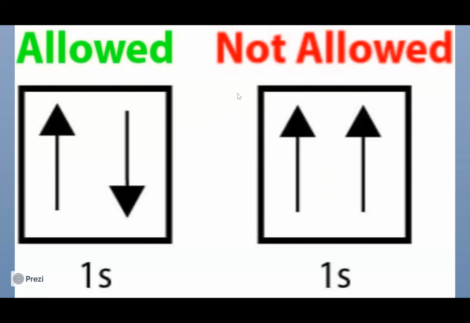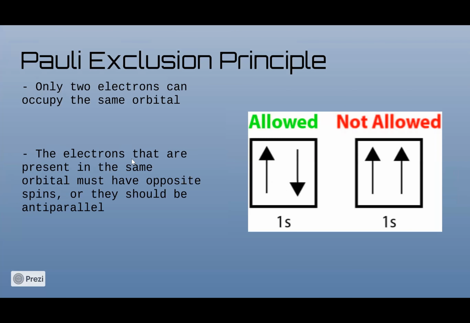On the left-hand side is what you should do. Instead of writing both spins the same way, we should write them in opposite spins. And this is sometimes where people make a mistake during the test, so keep an eye on that.